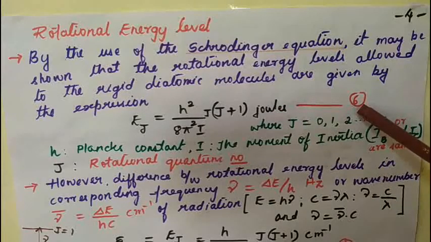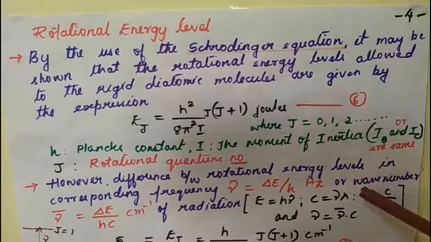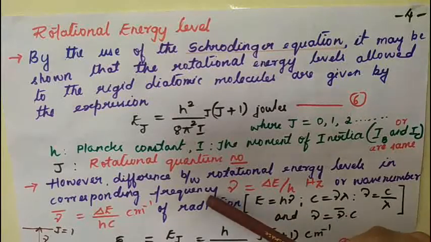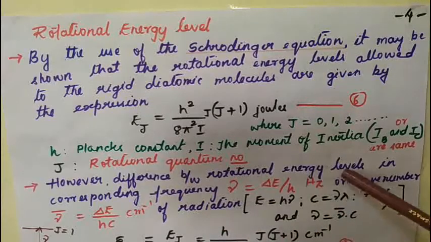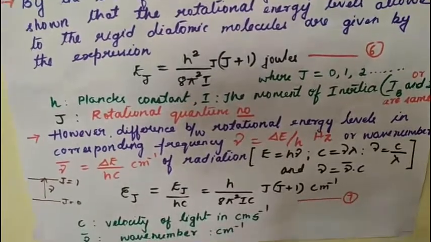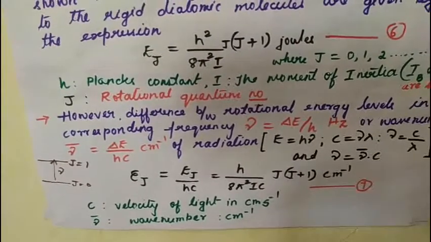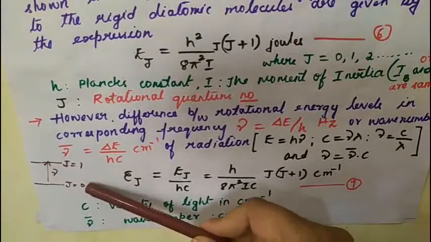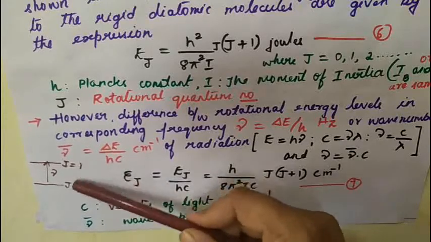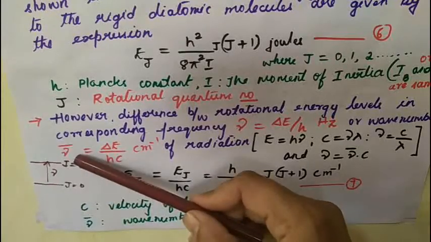Now let us know how to find out the wave number and the frequency, that is the difference between the rotational energy levels. Since j is equal to 0 is the ground state and j is equal to 1 is the first higher energy level, the first excited state.